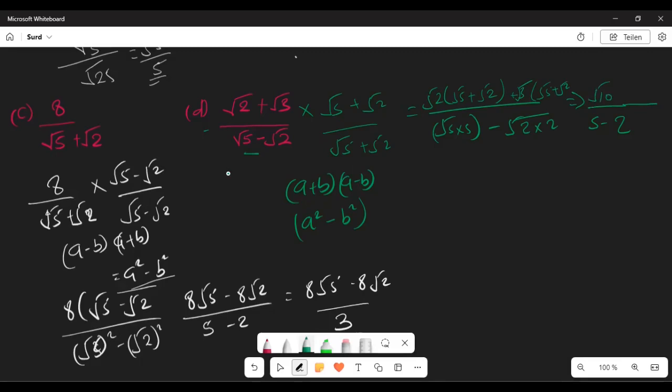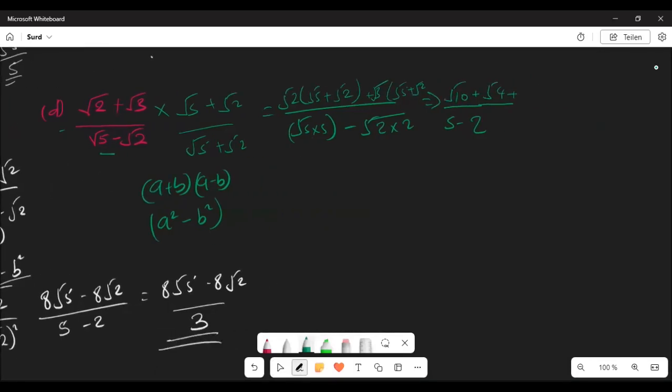So we have root 10 plus, root 2 multiplied by root 2, that's going to give us root 4, plus, now we go to this one here, which is root 3 multiplied by root 5, so that's going to be root 15, plus root 6. That is root 3 multiplied by root 2.